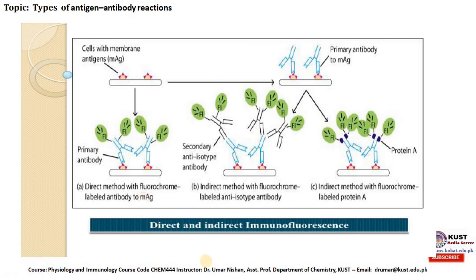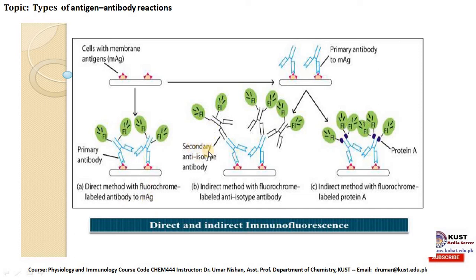So this is how direct and indirect immunofluorescence work. Cells with membrane antigens, primary antibody are shown here, and this is labeled with the fluorescent material. So this is the direct method with fluorochrome labeled antibody to antigen.